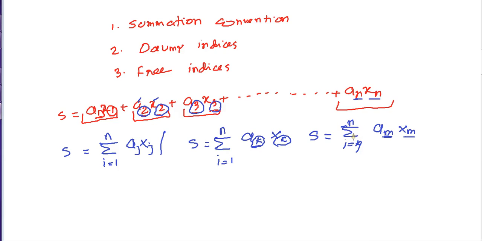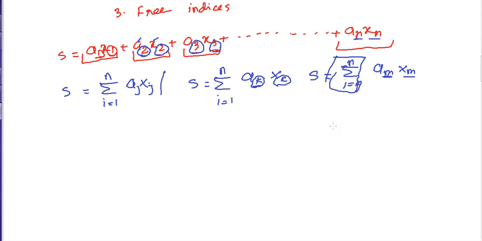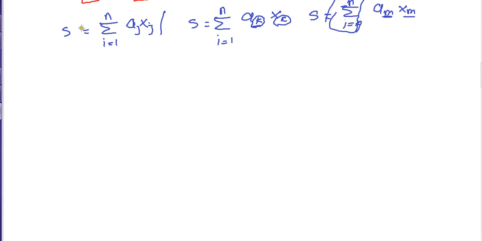But Einstein's summation convention is another convention. Einstein generally tried to avoid the summation sign, and that's why it is called the summation convention. How can we write it? We can write the above equation in the following terms: S equals aj xj.